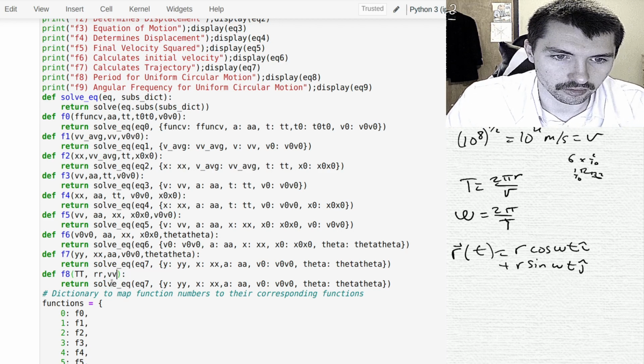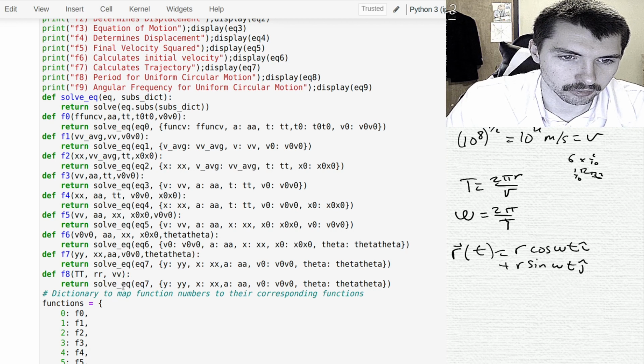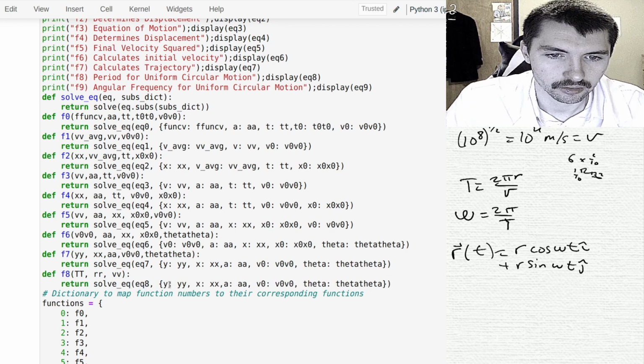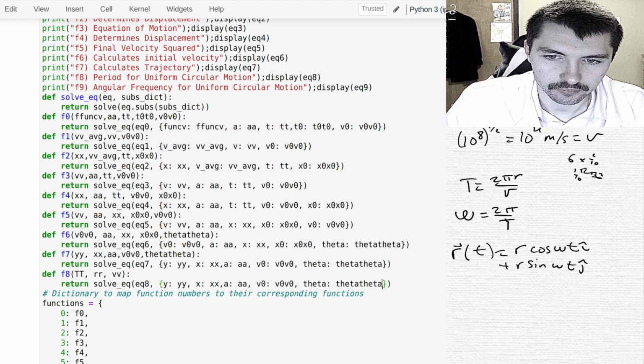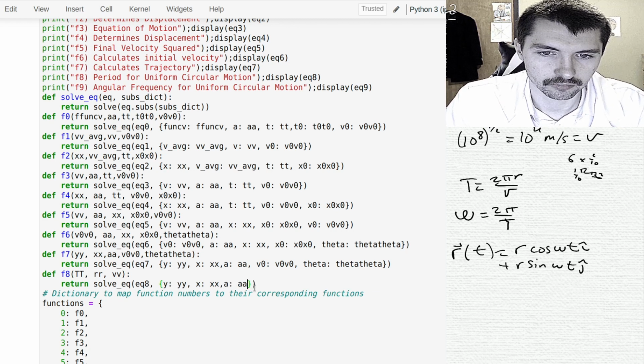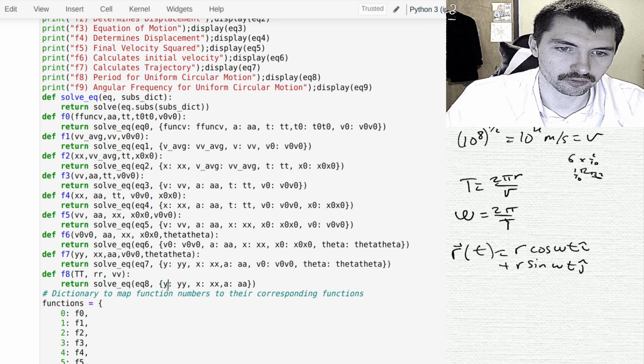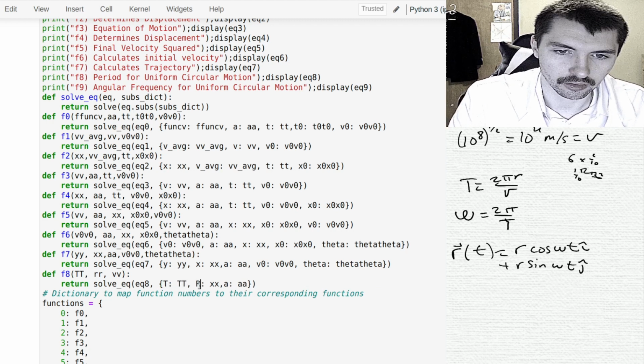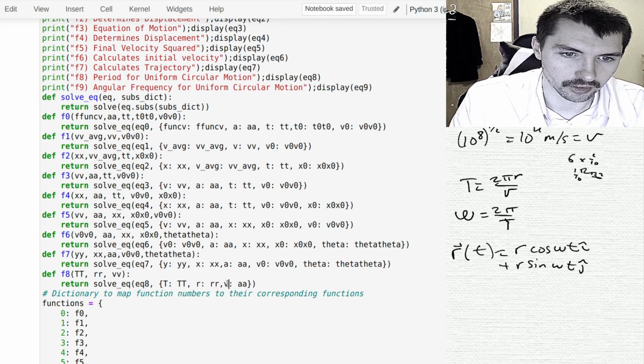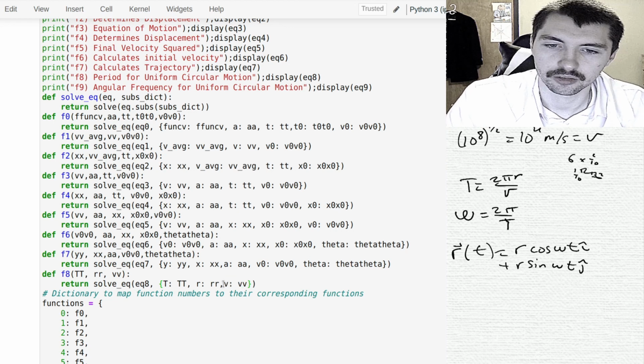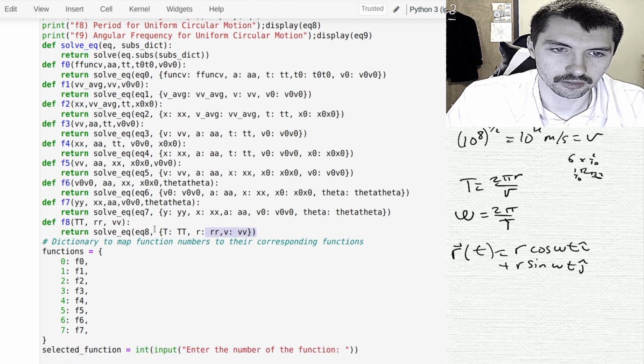Pretty easy, just three variables. So we're solving equation 8. So we're going to solve T for T, R for RR, and V for VV. Okay, good, good.